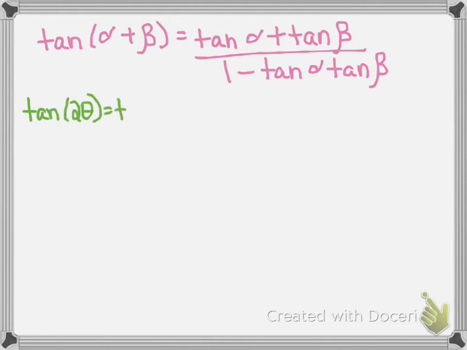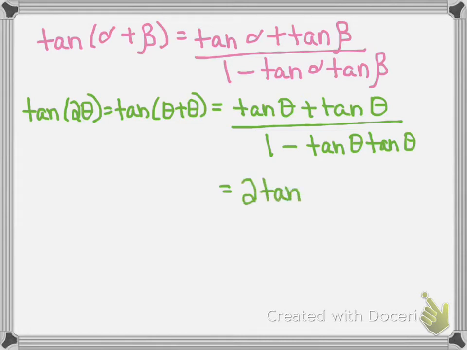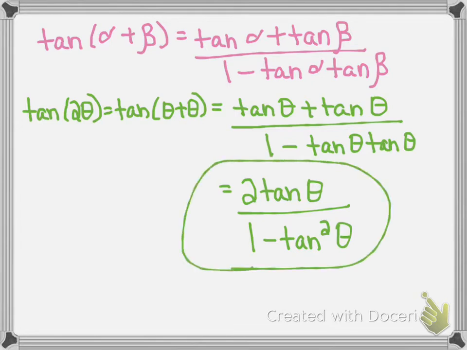So that's the tangent of theta plus theta. If I substitute, I get tangent theta plus tangent theta over 1 minus tangent theta times tangent theta. On the top, I have 2 tangent theta. On the bottom, I have 1 minus tangent squared theta. So that's the double angle formula for tangent.